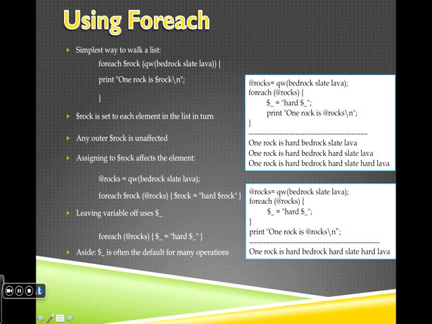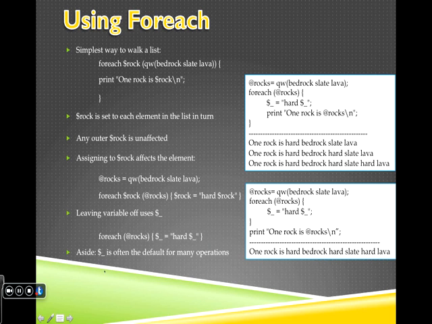What else? Assigning can affect the whole set of elements. For example here I'm assigning first the list to rocks, then I'm saying for each element, be careful here, rock is different than rocks, for each element of the variable rocks, give me the element in the list, and what you're going to do is set the value of rock equal to the word hard and add to it what is currently in rock.